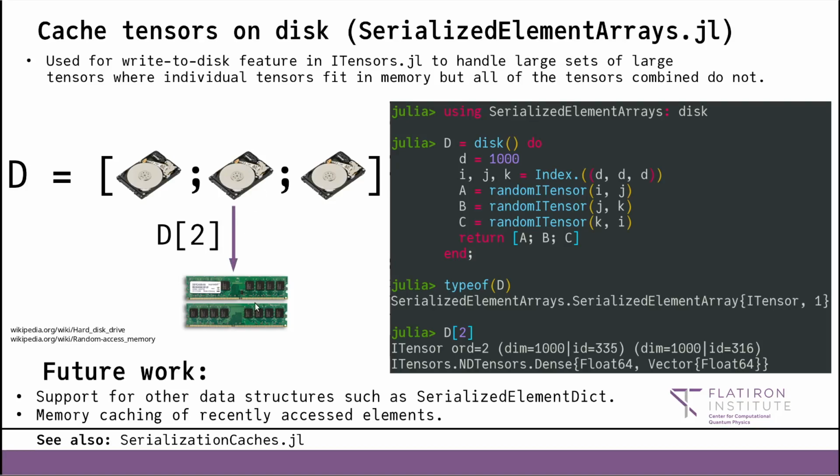This can allow you to do computations which wouldn't fit entirely in memory. And there's a lot of room for improvement in this package, like performing memory caching of recently accessed elements, because of course, as we know, reading and writing to disk can be slow, so it would be nice to automate the process of saving certain tensors in memory if they fit in memory. So you can access them multiple times and it can still be fast.